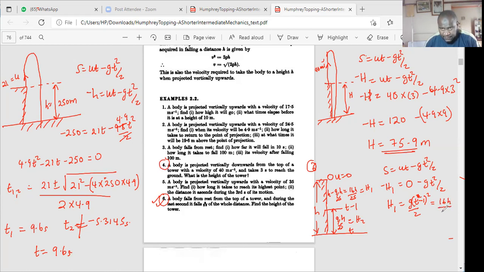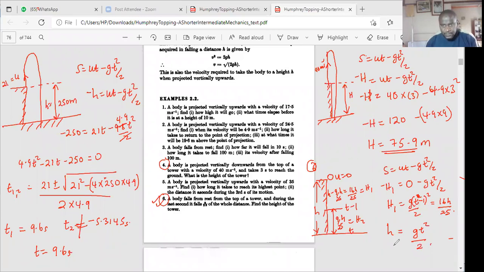And this height is 16h over 25. Then the second height is the whole of the h. The whole of the h, we are taking the time t as it is.